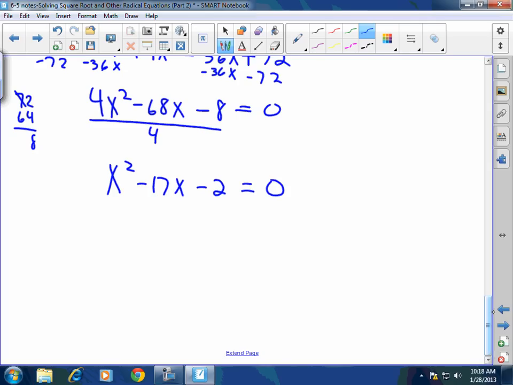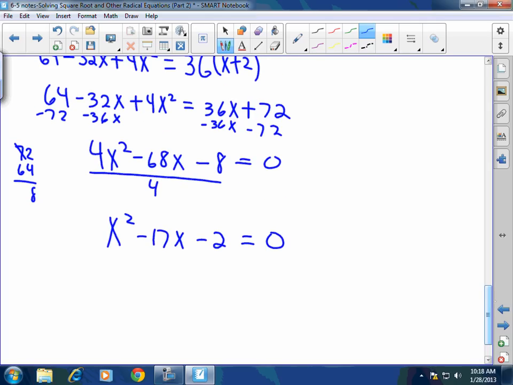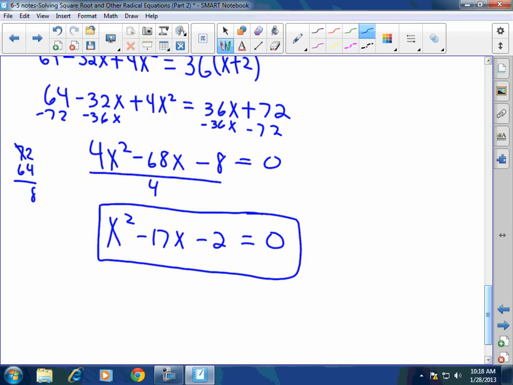And in this particular case, you guys do not have the skills to go any further than that. Okay? So you would leave this just like this. After this chapter, we're going to learn all about quadratics, how to graph them, where to find the solutions, quadratic formula, completing the square.